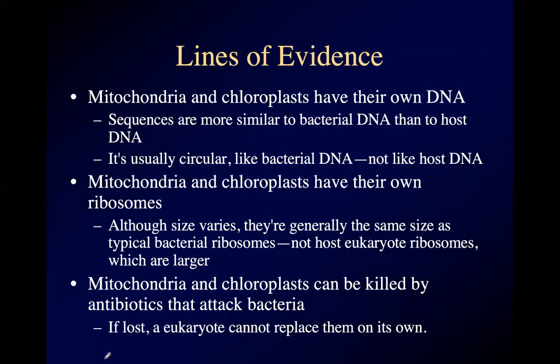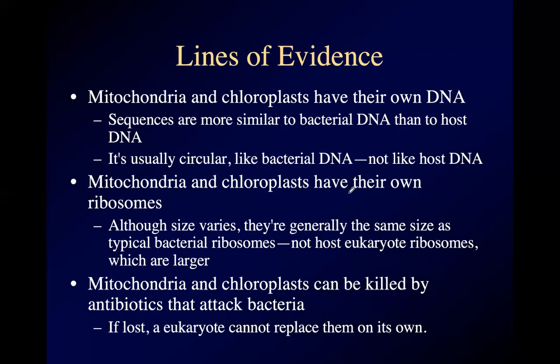Sounds weird, but mitochondria and chloroplasts, we now know, have their own DNA. It's usually circular, like bacterial DNA, not strips like host eukaryote DNA. And the DNA sequences look more like bacterial DNA than they look like host DNA.